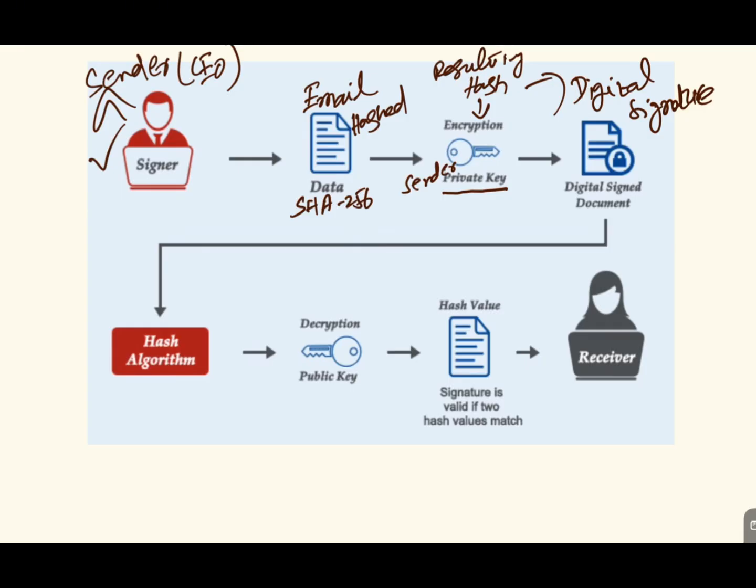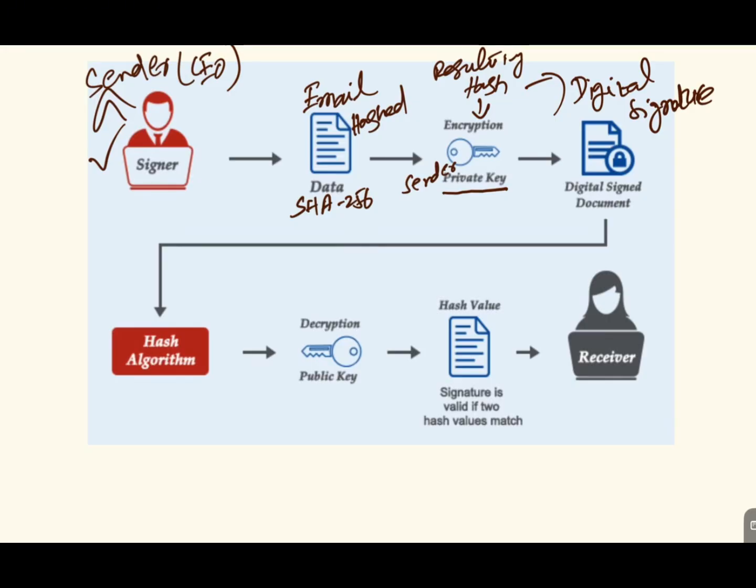The email content is not encrypted, only the content of the email is hashed, and then the hash is encrypted. So the digital signature is the resulting hash which is encrypted. I think until here we are clear, right?